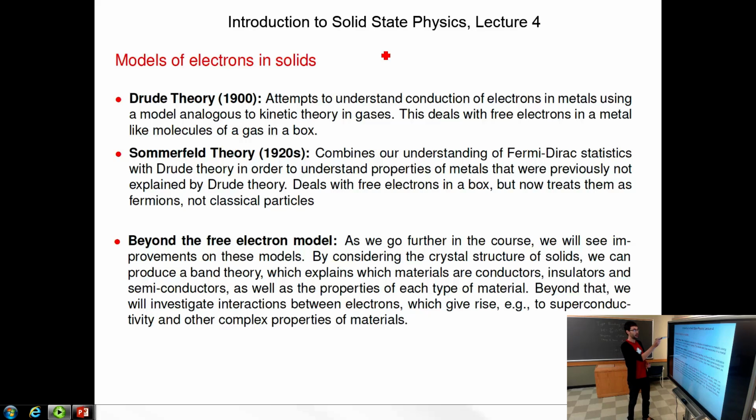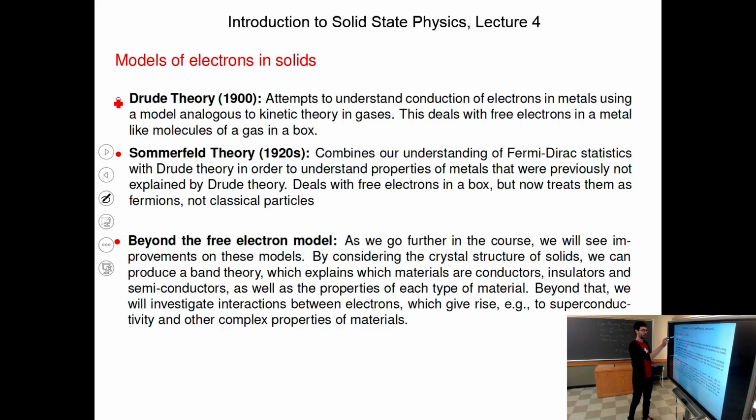We are going to look at these two models today. One is actually classical still, just treats electrons as a gas, as a classical gas. And the other one, the Sommerfeld theory, is actually treating them as fermionic particles, and so introduces Fermi statistics, and so it is quantum.